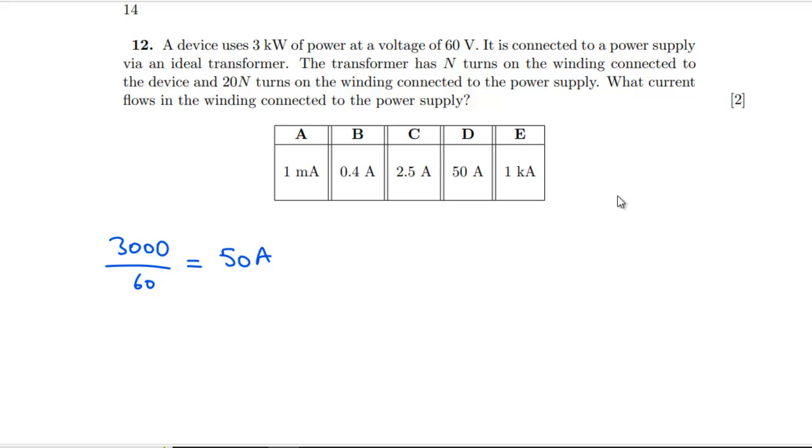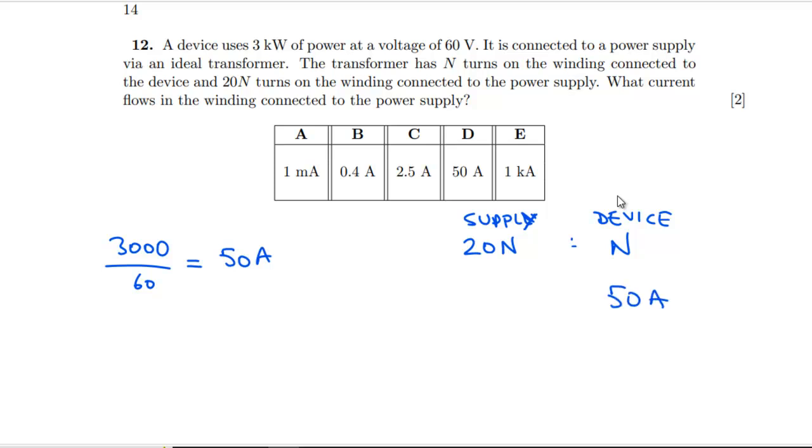The transformer has n turns on the winding connecting to the device and 20n turns on the power supply. So we've got 20n on the supply and n turns on the device. We've got 50. What current flows in the winding connecting to the power supply?